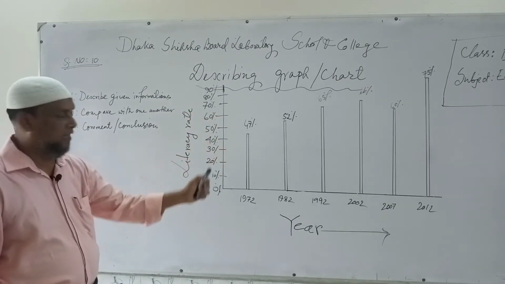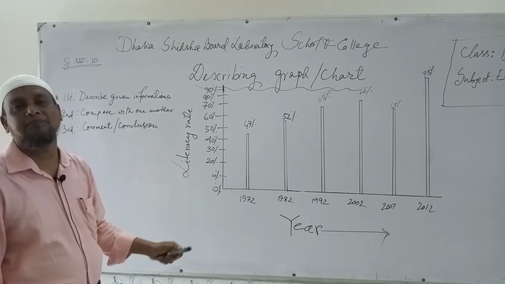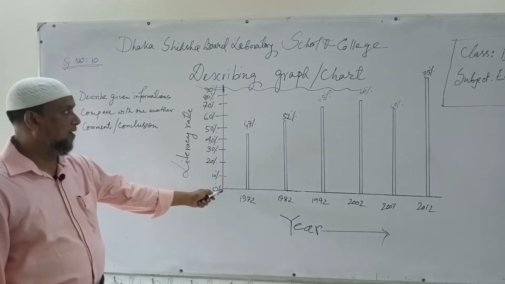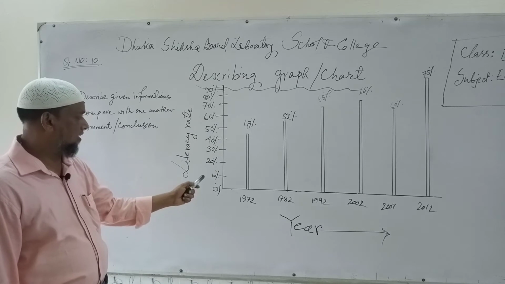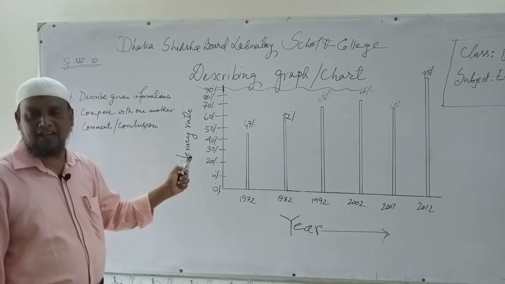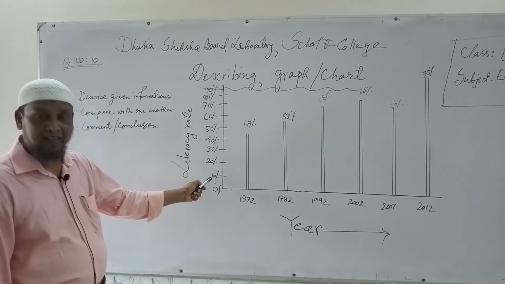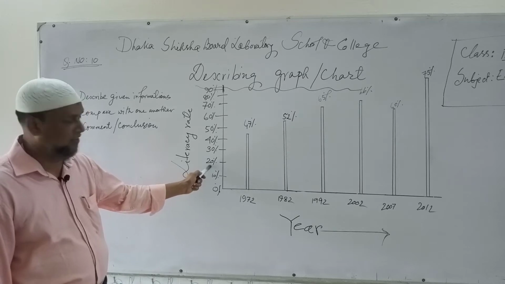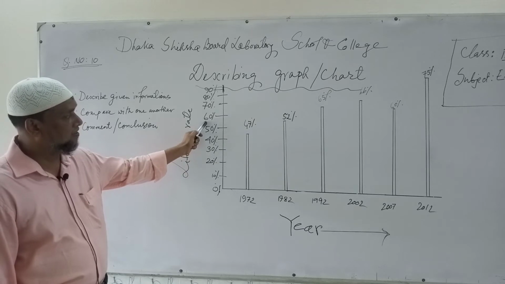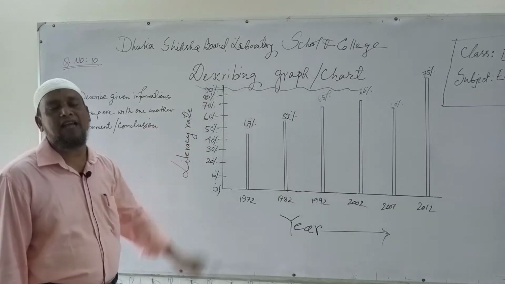Here on the board, you can see that there is a graph indicating literacy rate in Bangladesh. In the vertical line, there are different rates of literacy, for example, 10%, 20%, 30%, 40%, 50%, 60%, 70%, 80%, and then 90%.